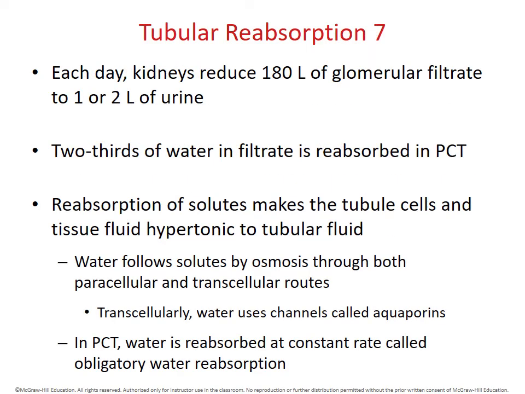So how much reabsorption takes place? Well, remember, on a typical day with typical glomerular filtration rates, males are producing upwards of 180 liters of filtrate a day. And yet, we're only producing, again, somewhere around 1 to 2 liters of urine.